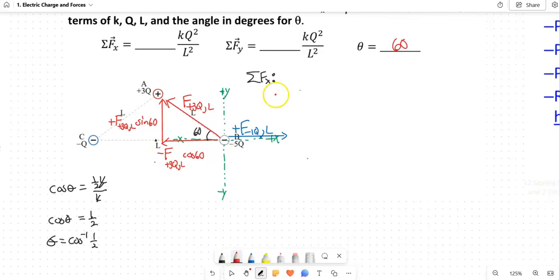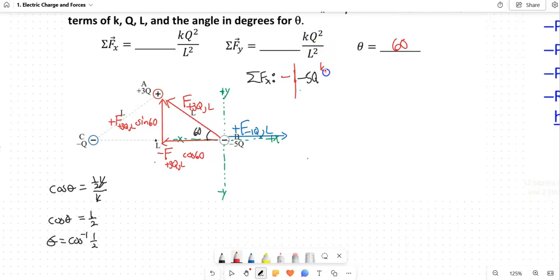Starting with this red vector, it's pointing to the left. I'm going to go right to the equation here. So we have a negative 5Q that we're doing a force diagram on.